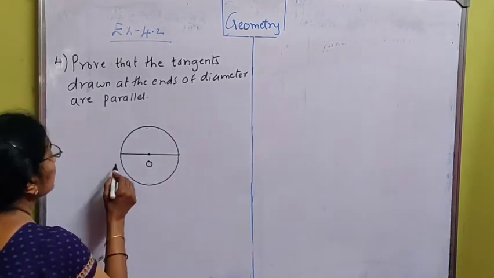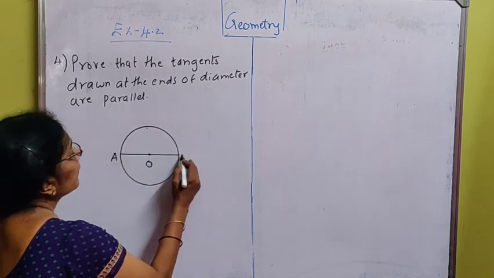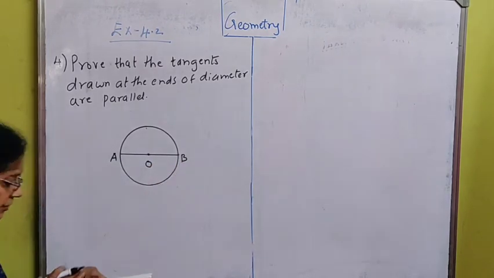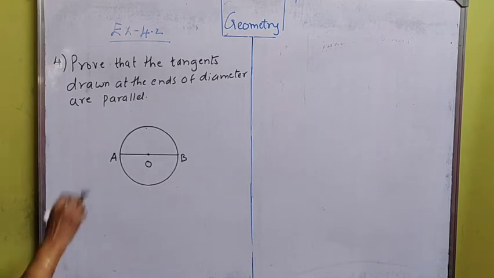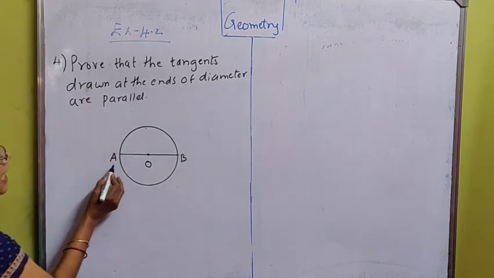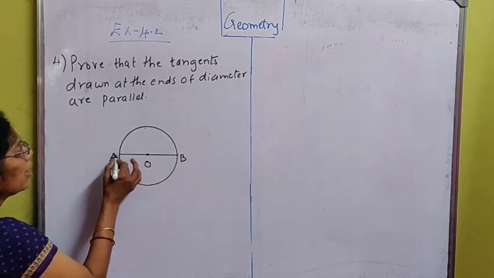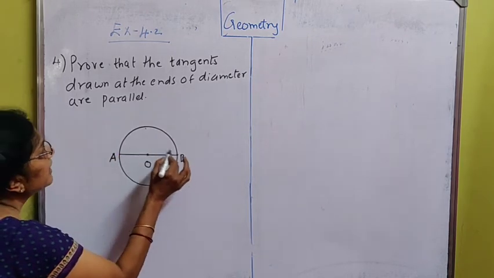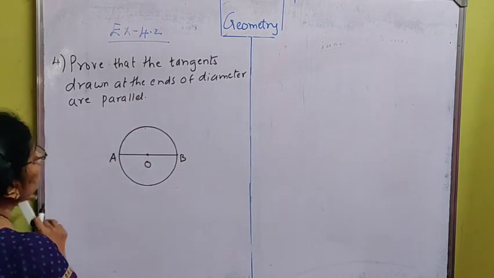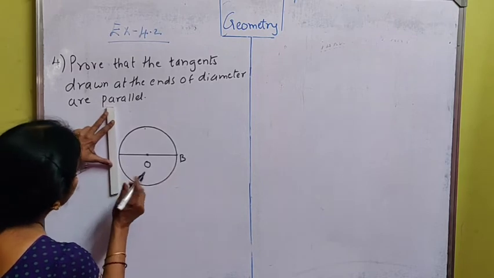AB is the diameter. At the ends means A is the end point and B is the end point of the diameter. There you have to draw tangents.